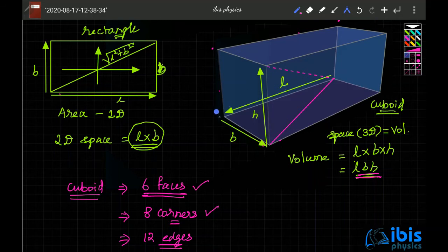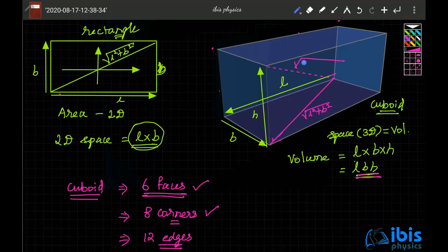Suppose this is L, this is B, on the floor this makes a right angle triangle, and then this will be equal to root over L square plus B square. And imagine this line running from here to here, and there is a right angle line going up. So these two are at right angles to each other. Then this line is root over this side square plus this side square.